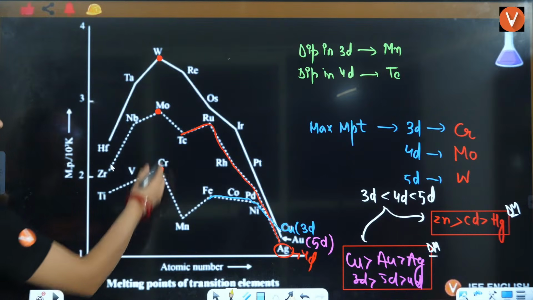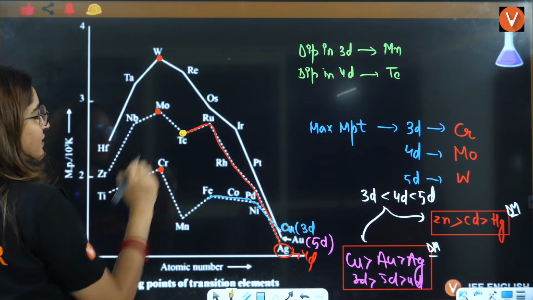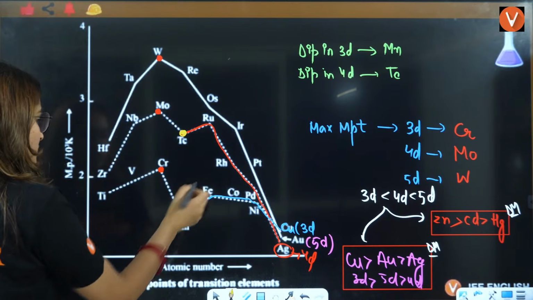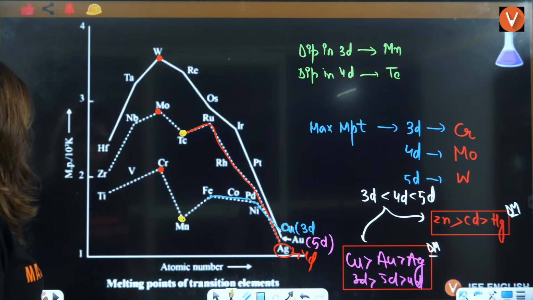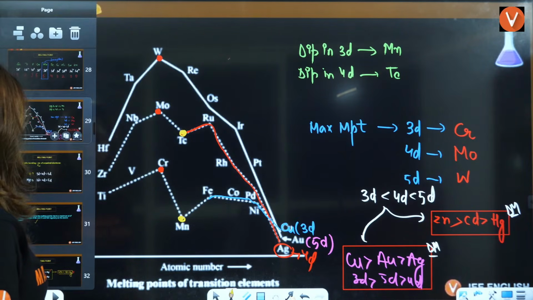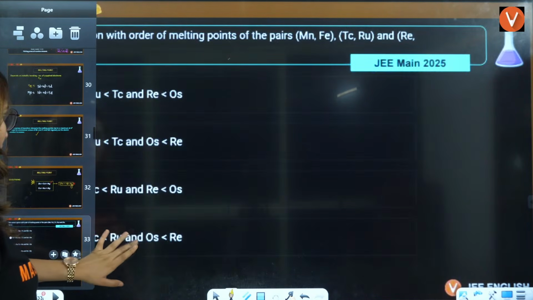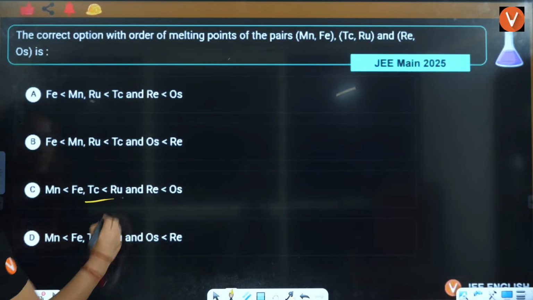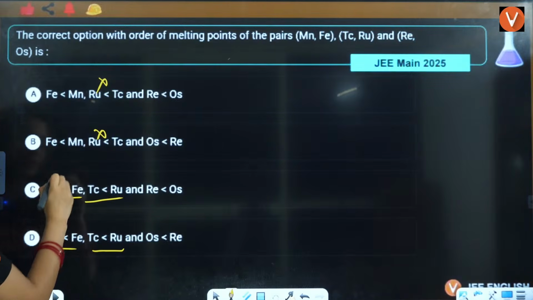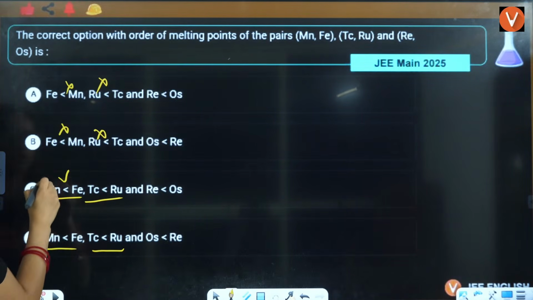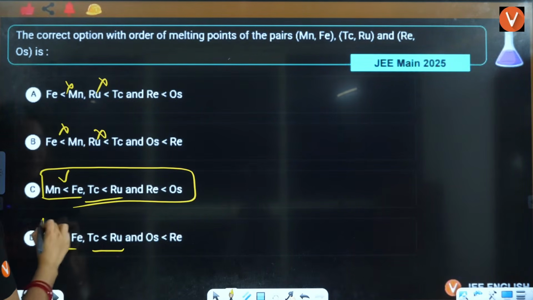Can you see technetium is less than this? Manganese is also less than this. And this Re is more than osmium, right? So technetium is less, these are already ruled out. Manganese is less, this is also ruled out. So you have option C and D.